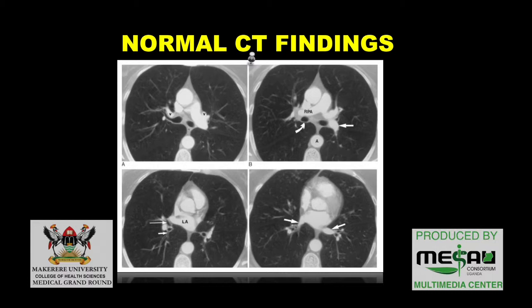And from this, this is the right and this is the left lung. At this level we have found that our trachea has already bifurcated. It's giving us the right and the left principal bronchi. This is the ascending aorta.